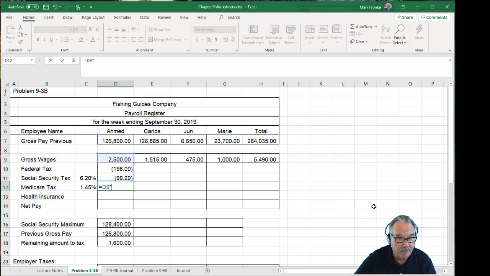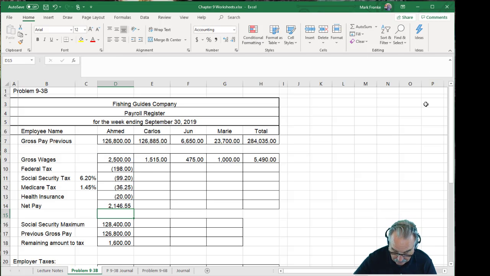I'm going to multiply that times the 1.45, and then his health insurance is $20. So the net pay there for Ahmed is $2,146.55. So I will pause the video and go ahead and see if you can get the numbers for Carlos, June, and Marie, and I'll be right back.